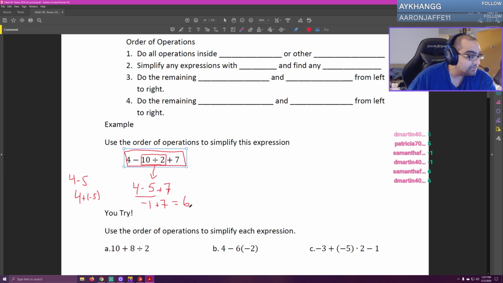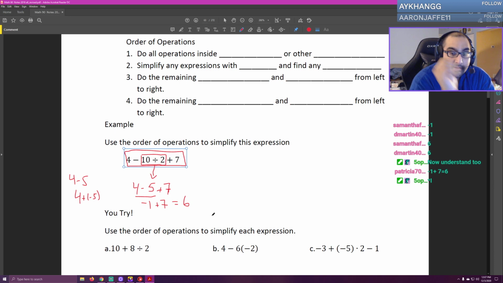Good. Excellent. You see how we have to go left to right for add and subtract? Well, same thing for multiply, divide. The consistency has to be there.